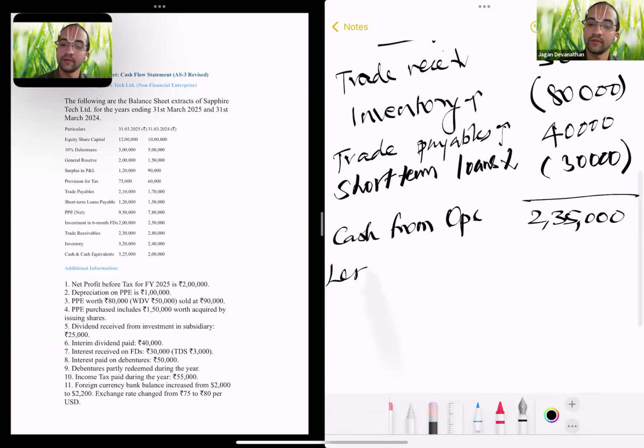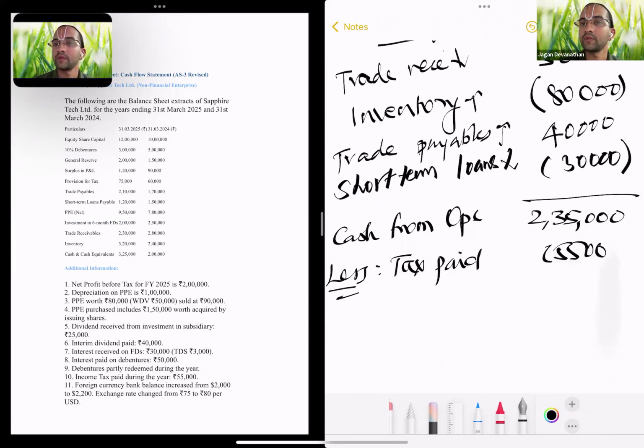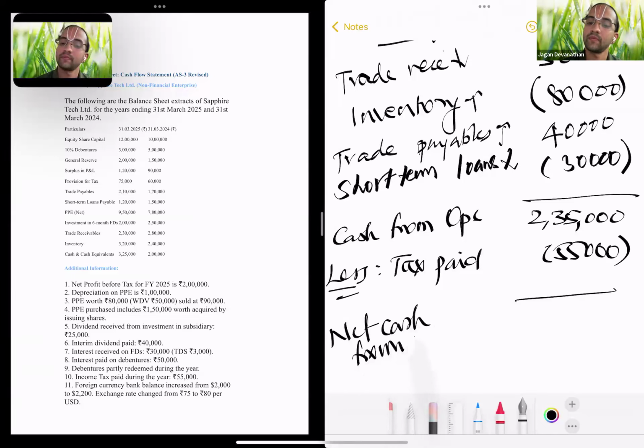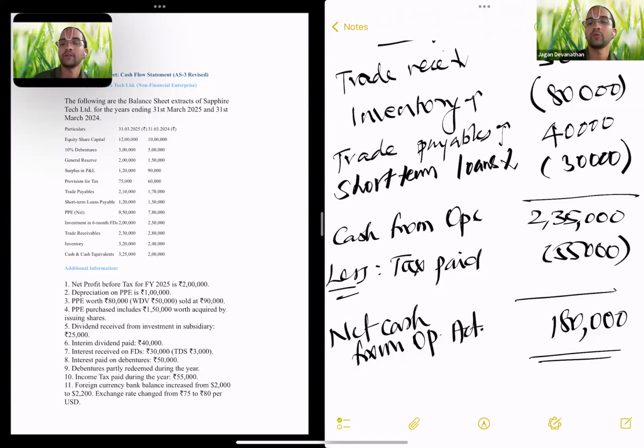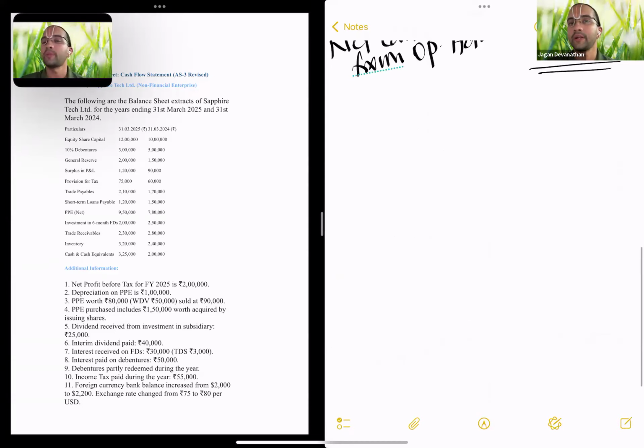So less tax paid, that is 55,000. Now, net cash from operating activities is 1,80,000.